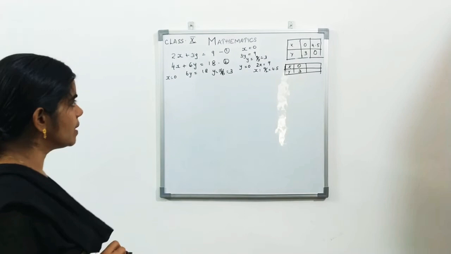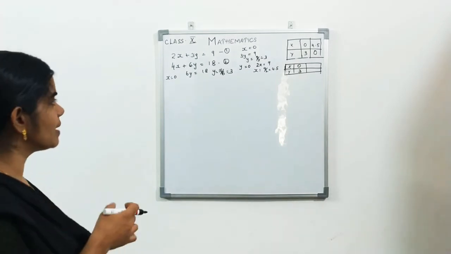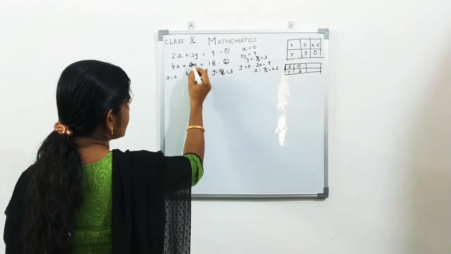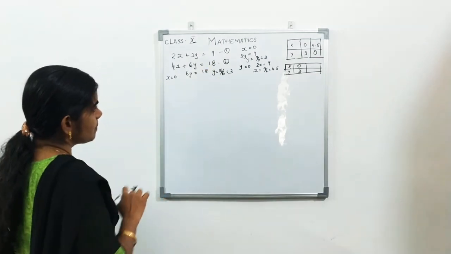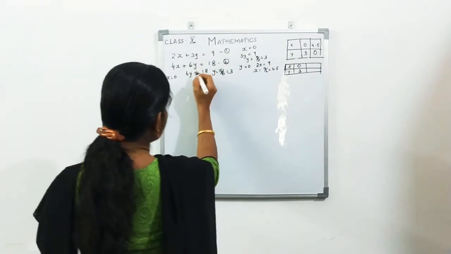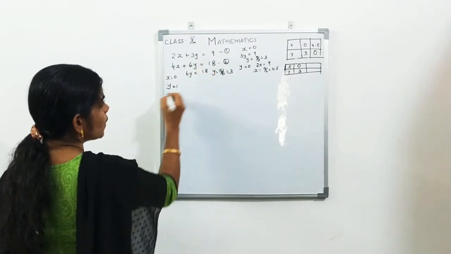I am looking for values without any fraction. 18 minus 4 is 12, and that also you will get a fraction. If y is equal to 0, that also is a problem. Then we can give y is equal to 1.